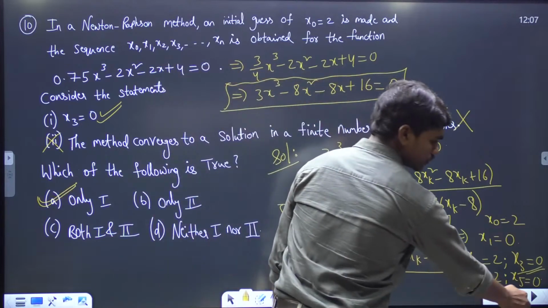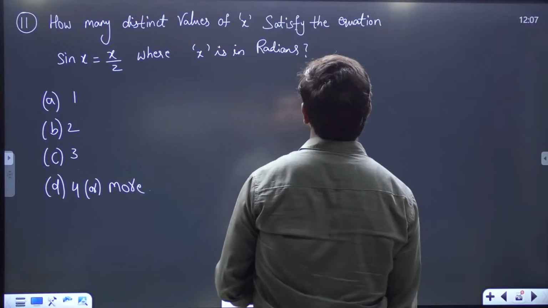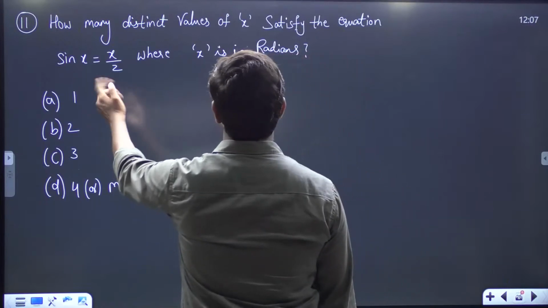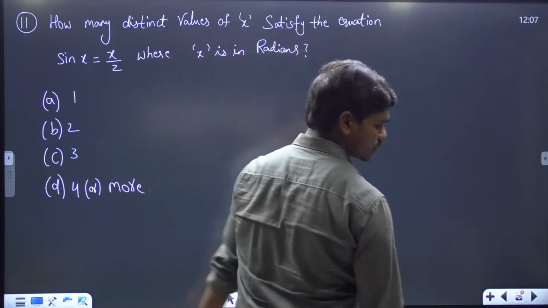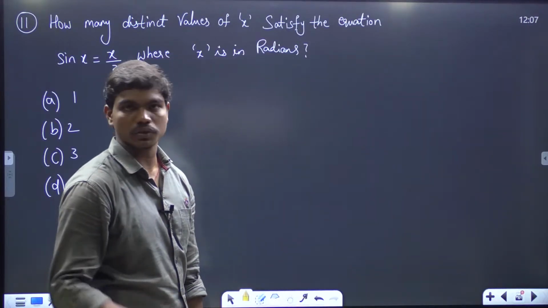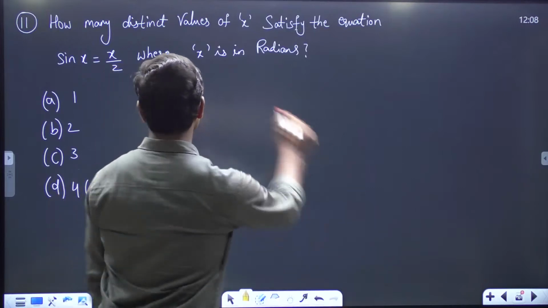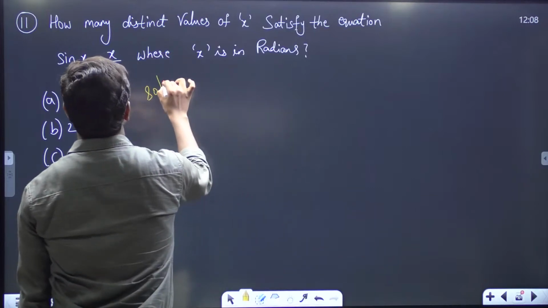So we'll go for a few more questions. How many distinct values of x satisfy the equation sin x is equal to x by 2, where x is in radians? Please see, he's asking for the number of solutions, but not for the actual solutions. So try to plot and tell me the answer.